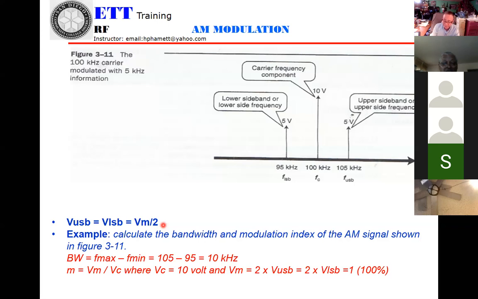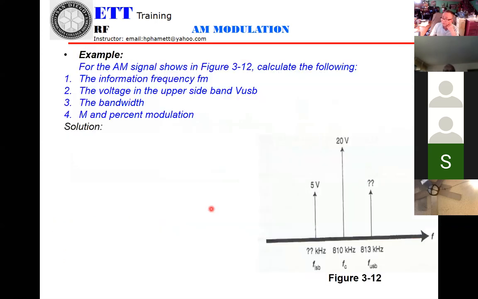Done? So you are done on this page? Okay. Now, that's what you need to do for me. For the AM signal shown here, they want you to calculate first the information frequency Fm.